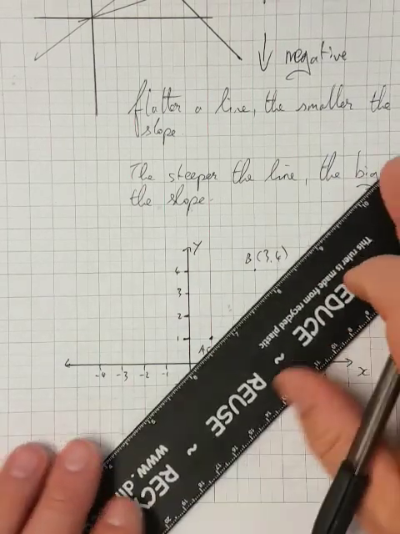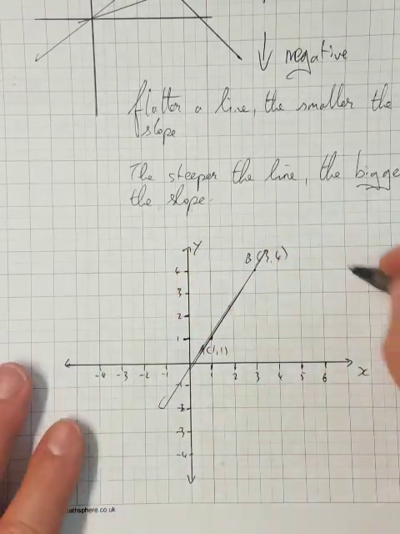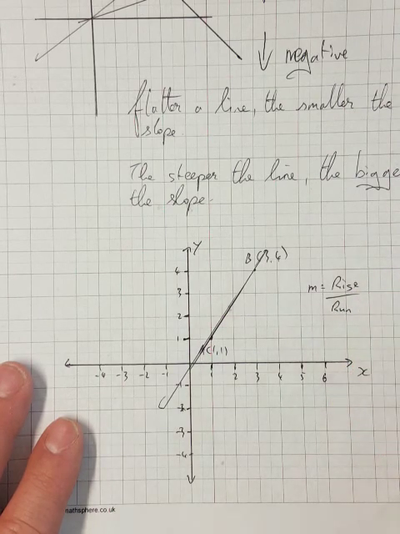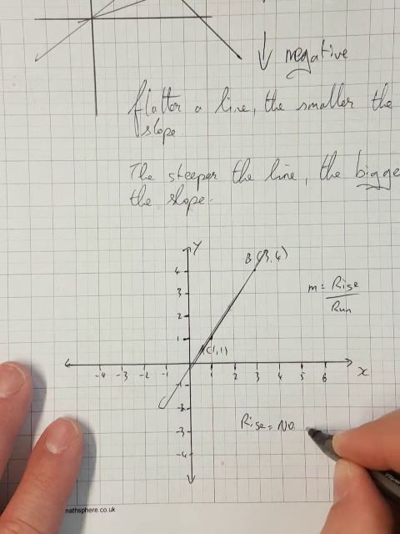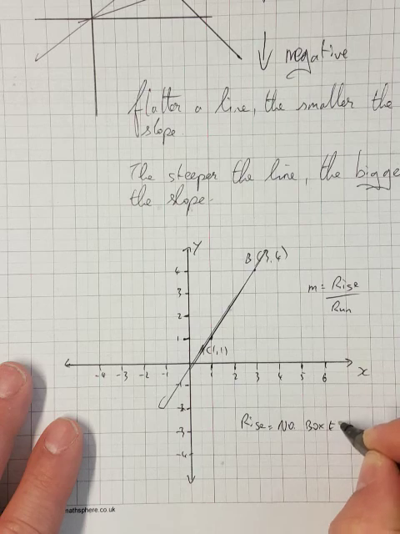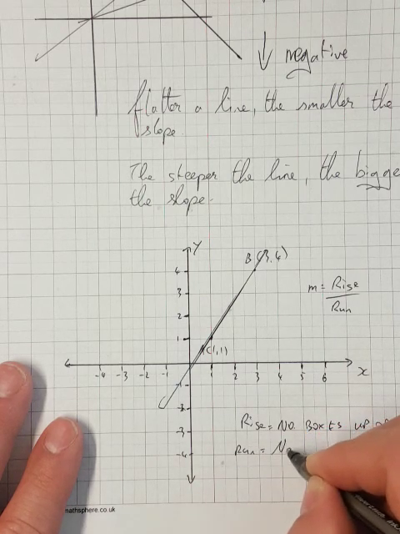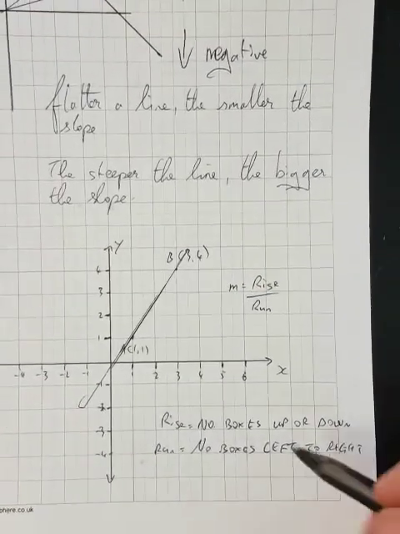The line connecting these 2 points, if I wanted to calculate the slope, I use a thing called rise over run. So the rise is the number of boxes up or down, and the run is equal to the number of boxes left to right. That's that simple. So, number of boxes up and down, number of boxes left and right.